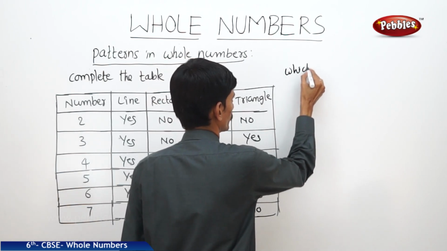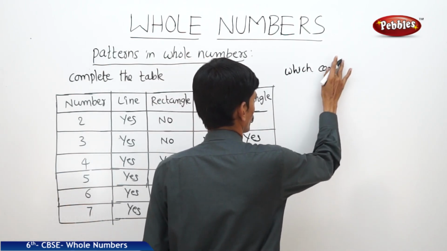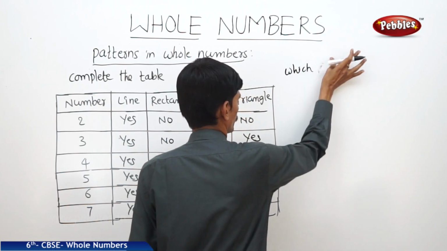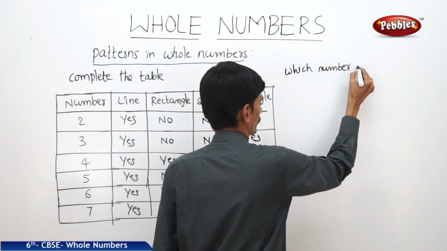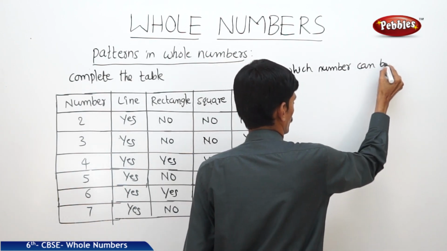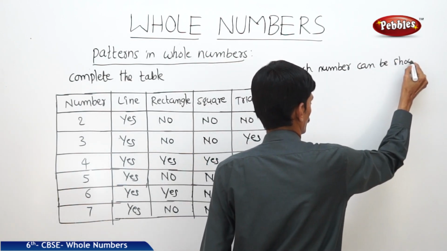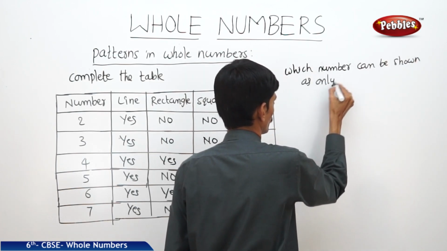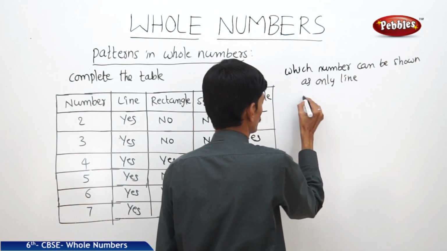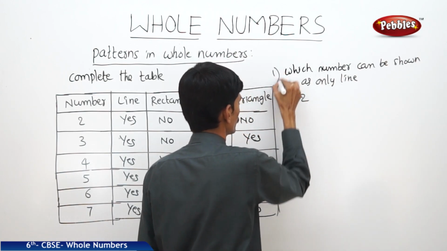Which number can be shown as only line? So that is 2.